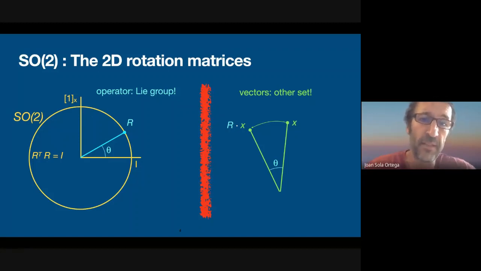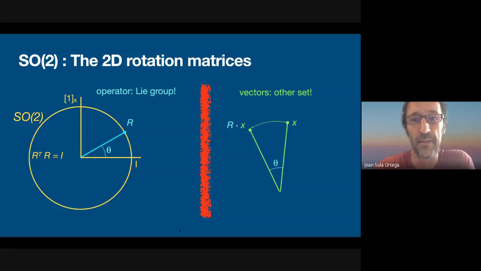The set of elements on the left is called a Lie group, and Lie groups are able to act on other elements, in this case vectors, to produce transformations on them, in this case rotations. So it's two different things: one is the set of operators, that is the Lie group, and the other is the space of elements onto which these operators operate, in this case vectors. This separation is quite pertinent.